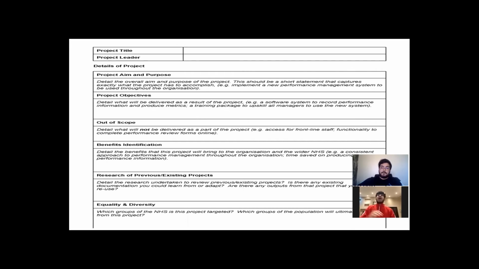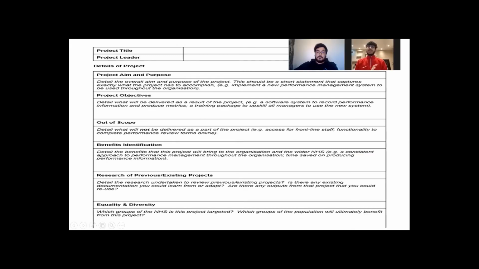Here we have a project scope statement. This is the example. You must have the project title, the project leader, and details for the project. You have here the 7 things I talked about before: a project aim, a project objective, out of scope, and details about the benefit, research, existing projects, and equality and diversity.